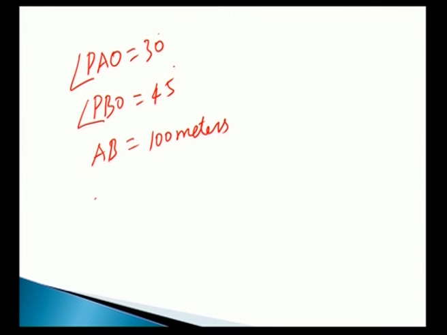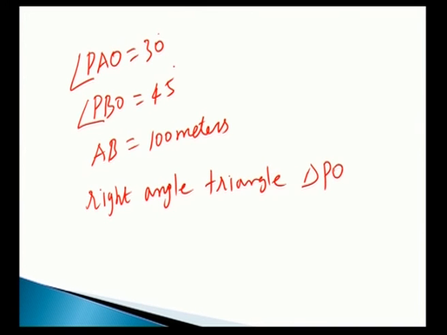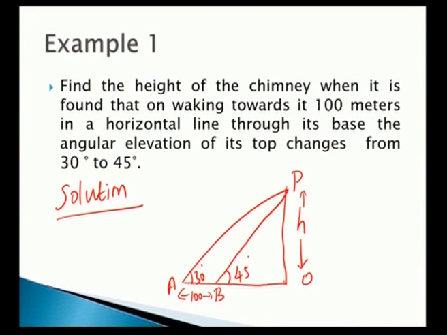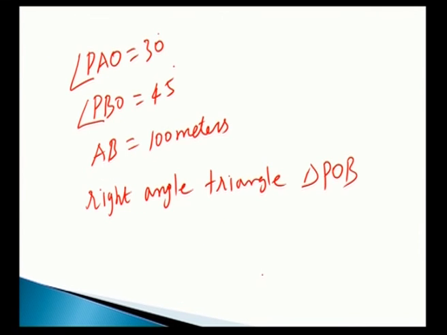In a right angle triangle POB, from the figure, this POB is the right angle triangle. In that right angle triangle, angle BPO is equal to angle PBO, which is equal to 45 degree.